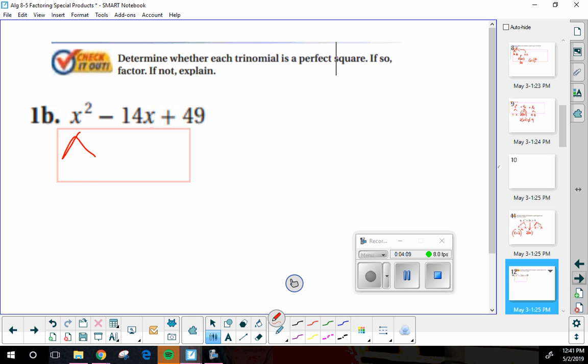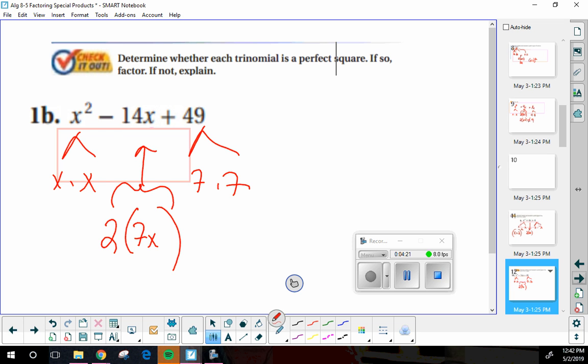This is x times x, and that is 7 times 7. And is this 2 times 7x? Yes, it is. And since that's a minus sign, the answer to this is (x - 7) squared.